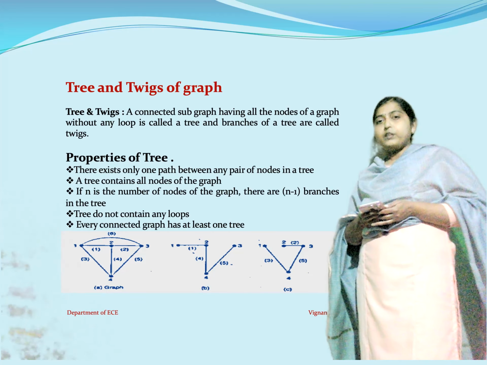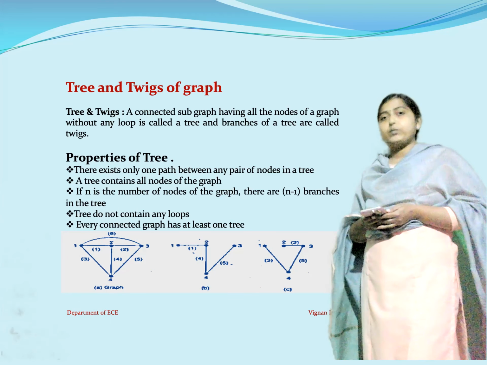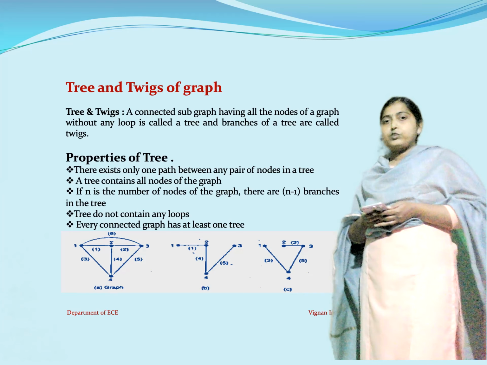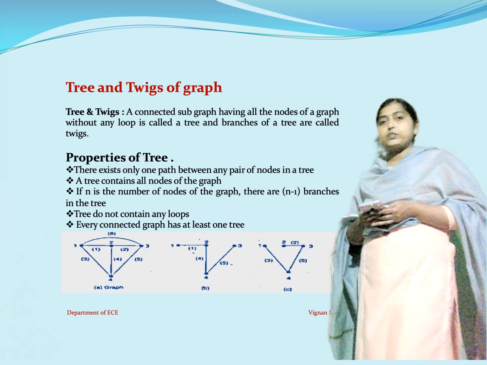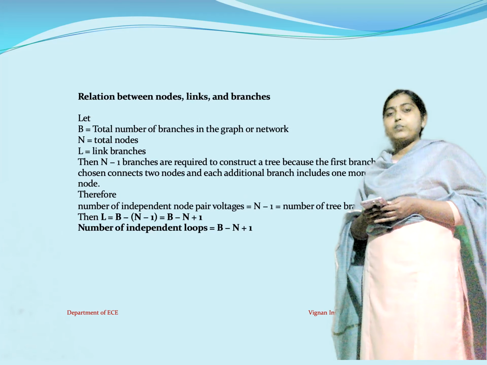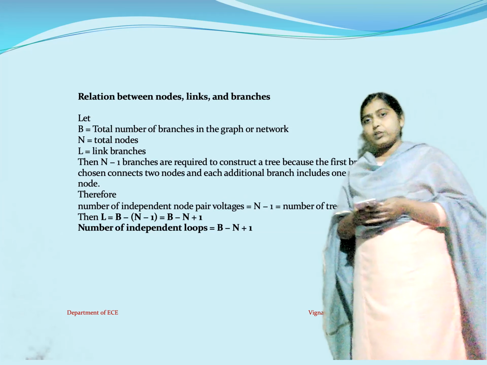Another thing to remember is that a single network graph has more than one tree. The branch which we remove here is known as a twig, right? Then we calculate the number of links required in the graph.